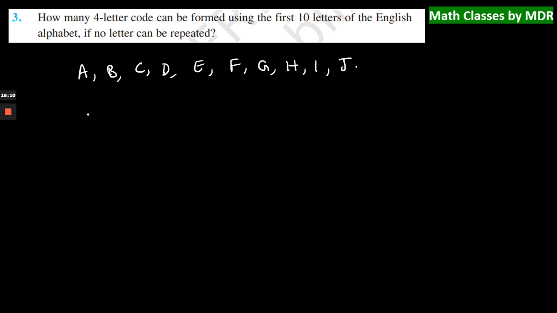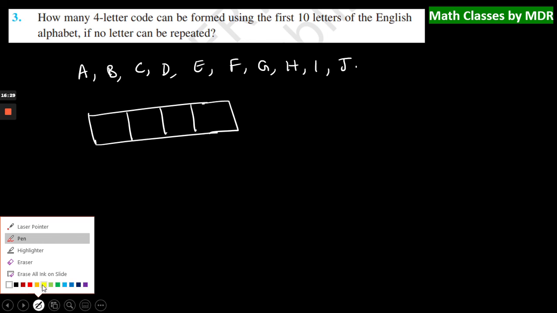So how many letters does the code require? 4. Let's take 4 boxes, right? So now we have to form a 4-letter code using 10 letters, if no letter can be repeated. Now you can start from the right or left.